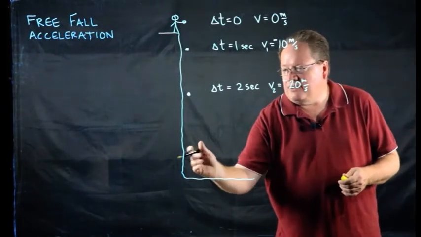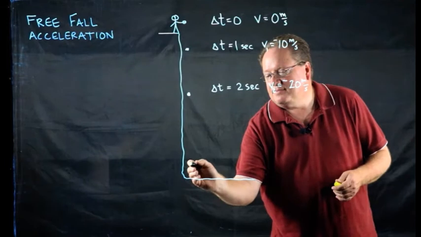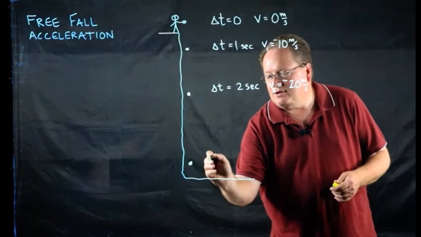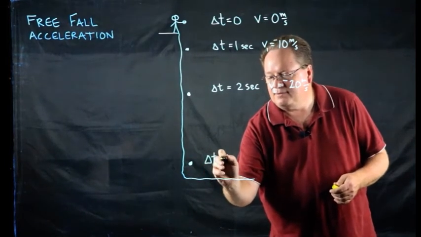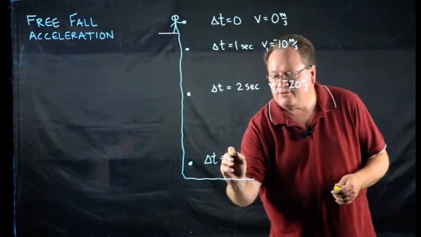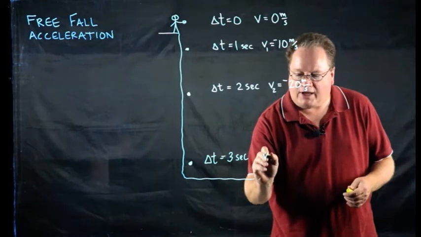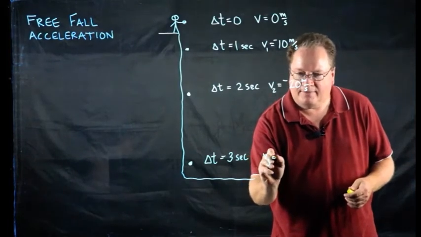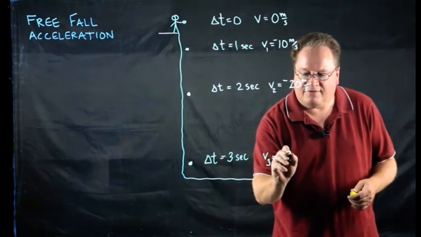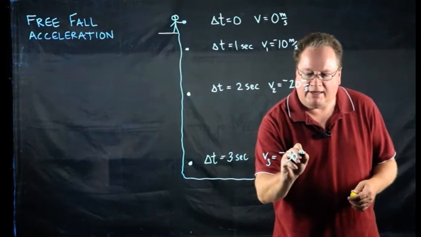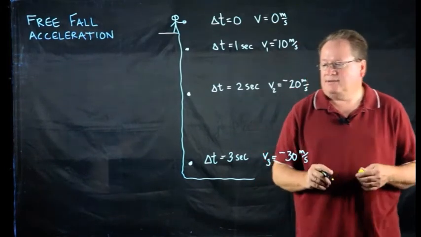If I let another second go by, so my delta t now is going to be 3 seconds, my new velocity at this point in time is going to be negative 30 meters per second. Okay?